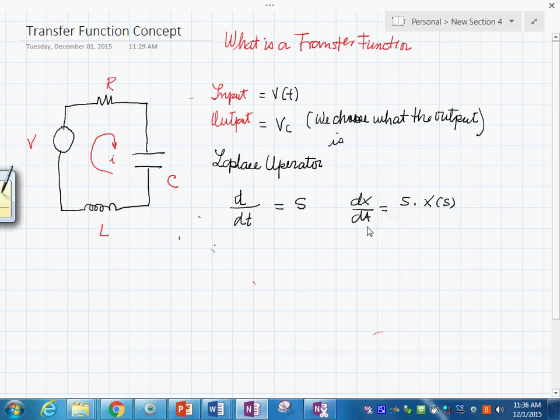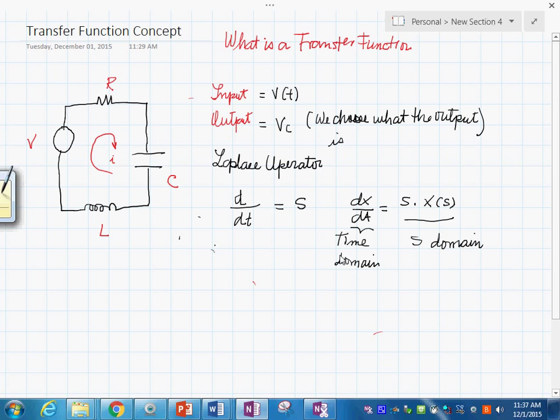So it transforms the time domain derivative into an s domain. So this, we're going to call the time domain, and this, we're going to call the s domain.